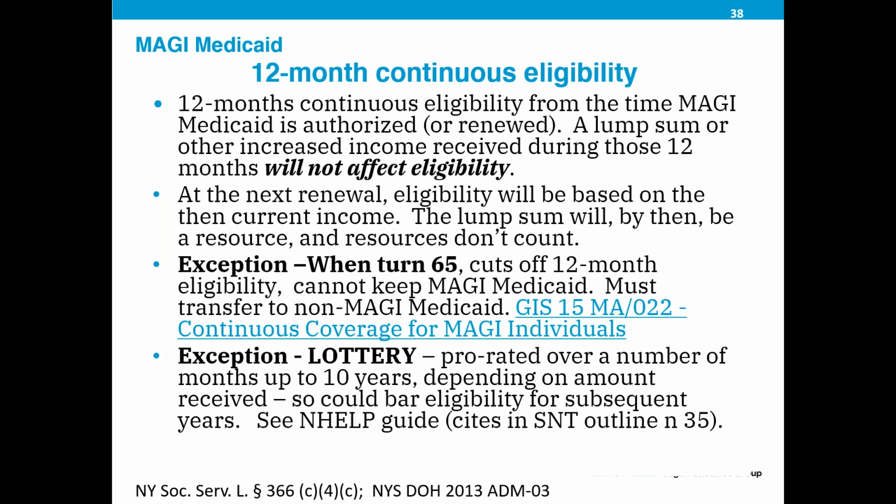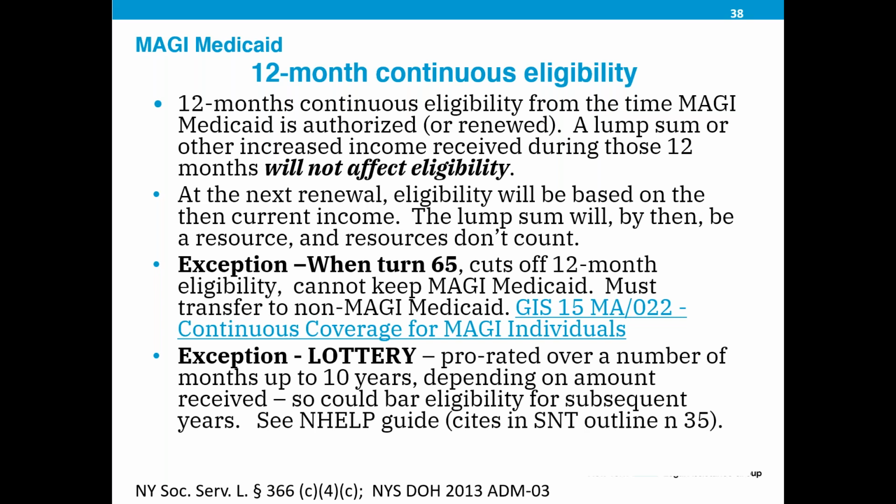This was a wonderful part of the ACA because it recognizes that people's income can fluctuate and they want to make sure their health care is stable for at least a year. Now, at the next renewal, eligibility will be based on the income that's current then. So if someone did get a better paying job, they will probably have their MAGI Medicaid terminated at that time.